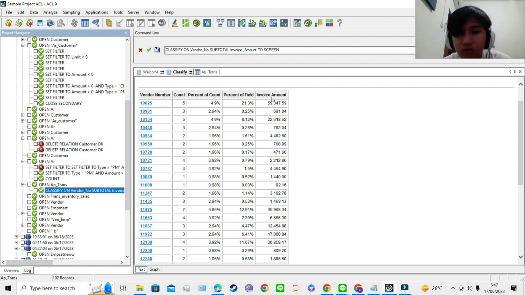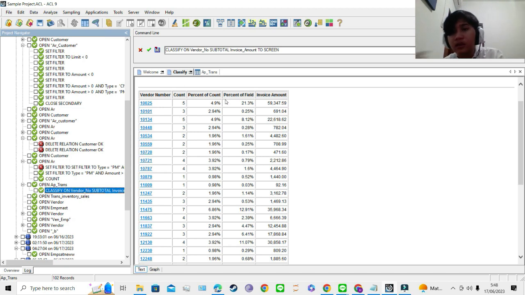As we can see from the result, there is a big number that exists, 55,000. It gives a big percent of the field, but a small percent of counts.